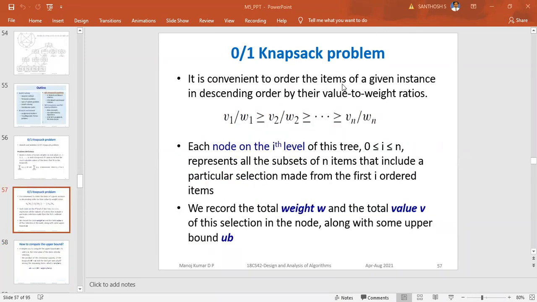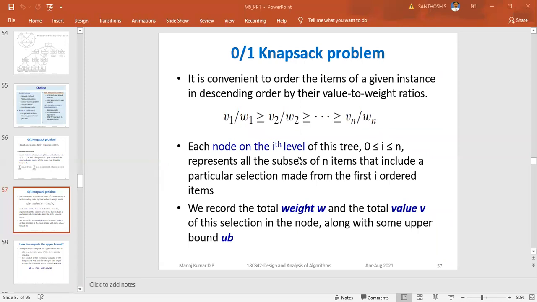It is convenient to order the items of the given instance in descending order by their value to weight ratios. That is given as V1/W1 greater than or equal to V2/W2 up to Vn/Wn. So the value per weight of the first item should be greater than or equal to that of the second item, and so on down to the last item.